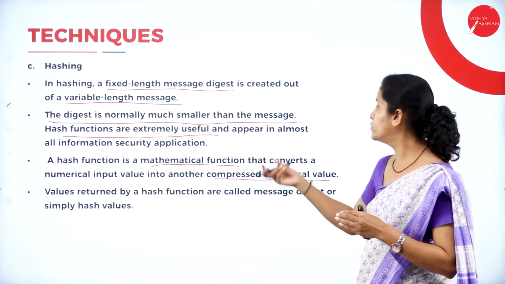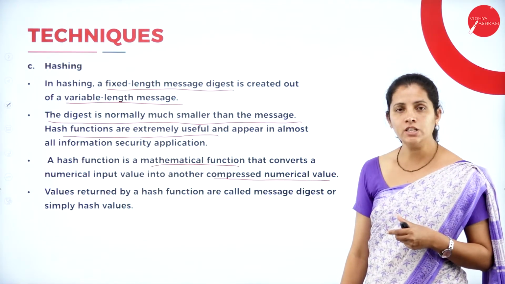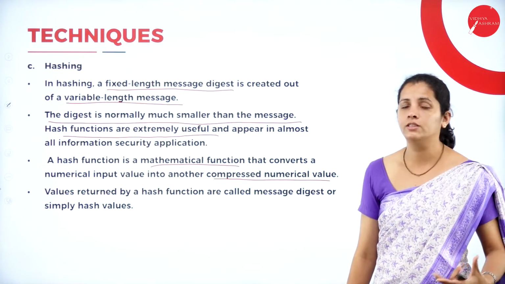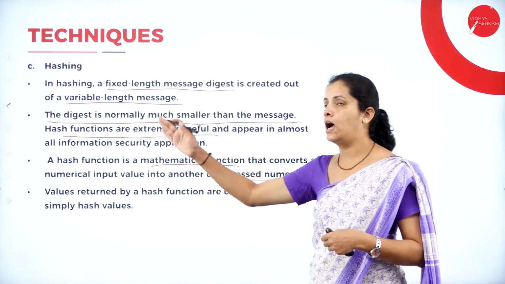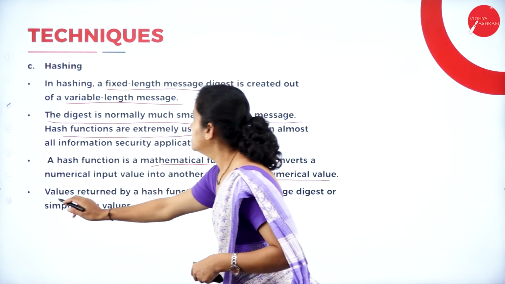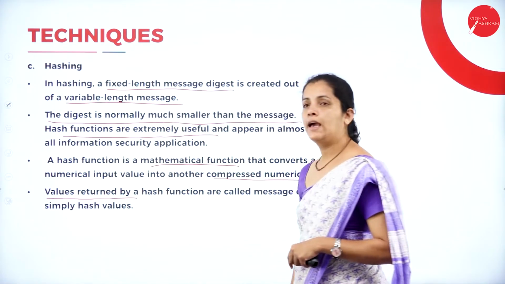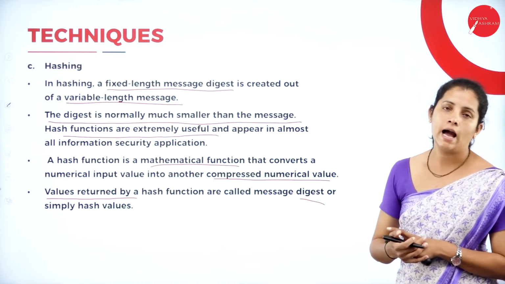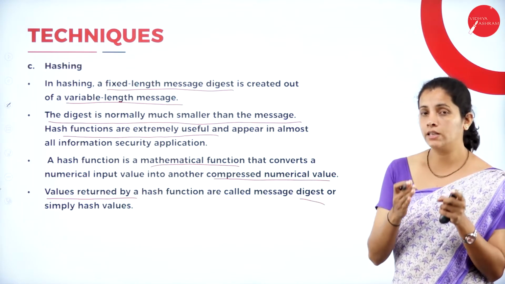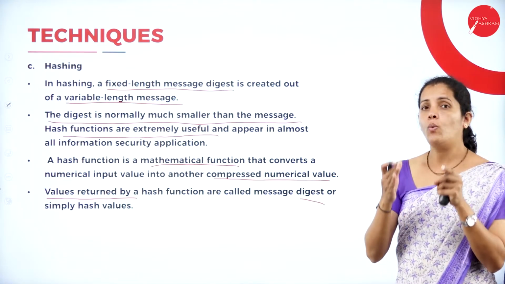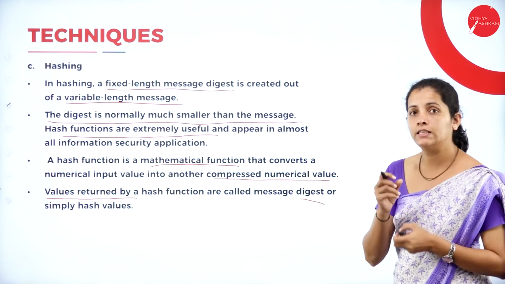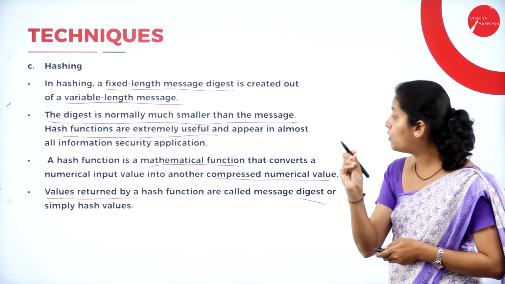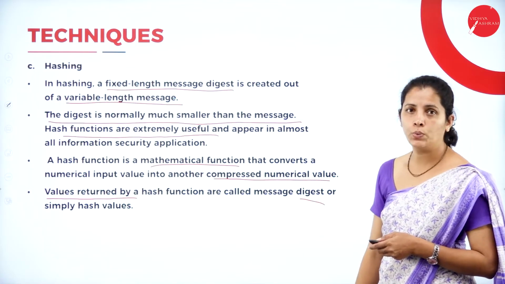I'm going to apply the mathematical function. So what is the mathematical function? That is nothing but the hash function. The values returned by the hash function are called the digest or hash value. That means after applying the hash function, whatever result I get is called the digest, or it is called the hash value.